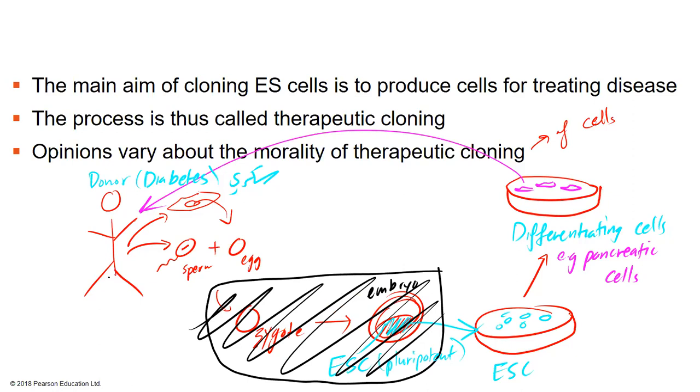Now you take somatic cells like this and convert them into induced pluripotent stem cells, and then you grow them, and now you have induced pluripotent stem cells, and then allow them to differentiate. Okay, so this is another way of doing this.